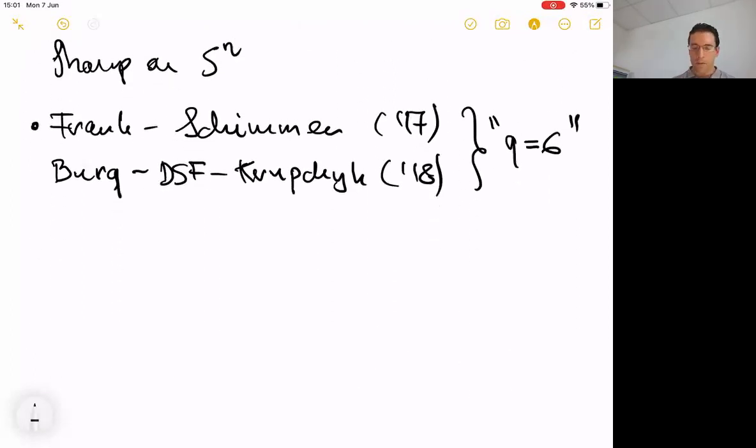Okay, and then there was also work on other operators. So if you look at higher order elliptic operators on a compact manifold, then you can prove similar things, but you have to assume something in addition, namely a certain curvature condition that is automatically satisfied for the Laplacian. And this was done by Ullmann and Krupchyk.